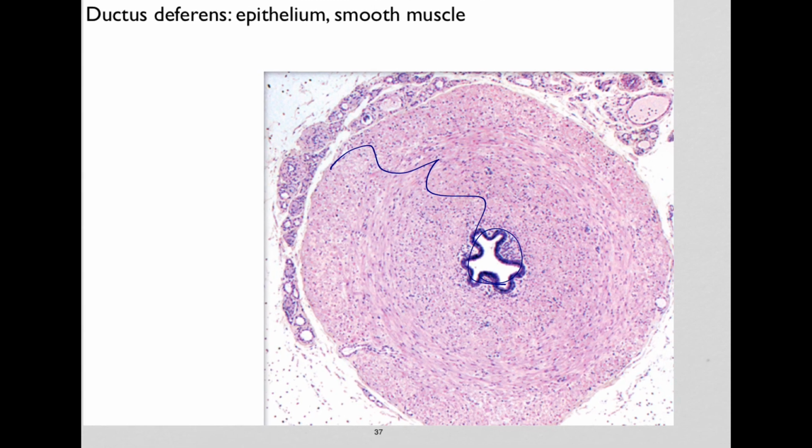Okay? The entire purpose of this is to propel sperm forward. So very much like the peristalsis of the smooth muscle in your digestive system keeps moving foodstuffs and chyme through the digestive tract, the smooth muscle of the ductus deferens is what propels sperm, and with it later on semen, out as an ejaculation.